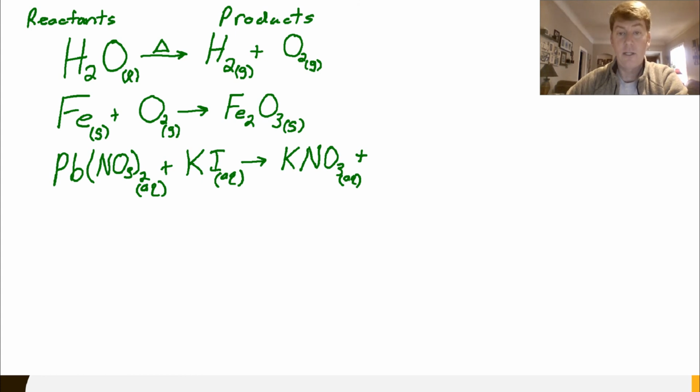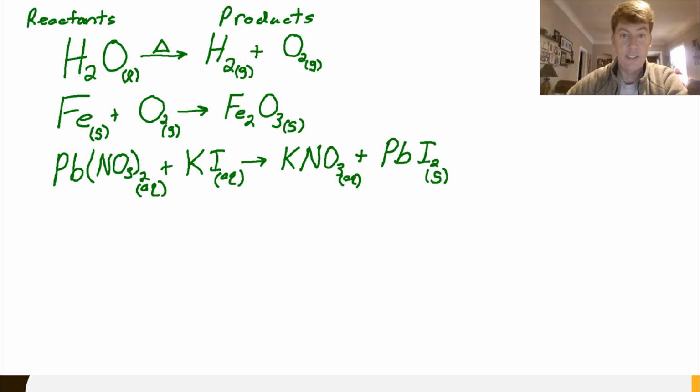So the potassium nitrate is definitely going to be aqueous. Since we know it made a precipitate, you can rule out the potassium nitrate, and our lead(II) iodide must be our precipitate. It is not aqueous anymore. Water can't pull it apart, so it is a solid.